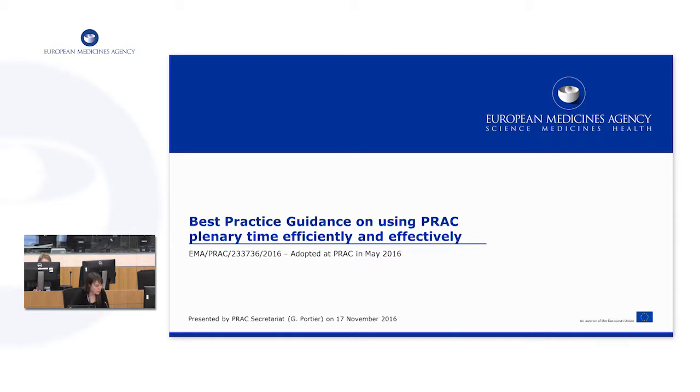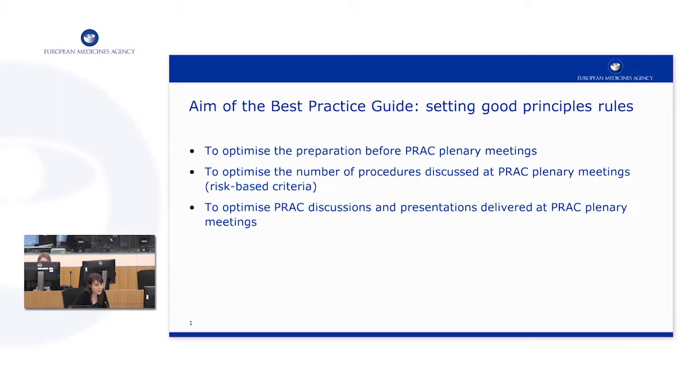But just to give you a bit of background, everything actually started at the strategic review and learning meeting of the PRAC in Luxembourg. It was back in October 2015. At this meeting, the PRAC agreed that we would need on our 2016 PRAC work plan to establish a PRAC virtual group to make a recommendation on efficiency and effectiveness improvement for PRAC plenary meetings.